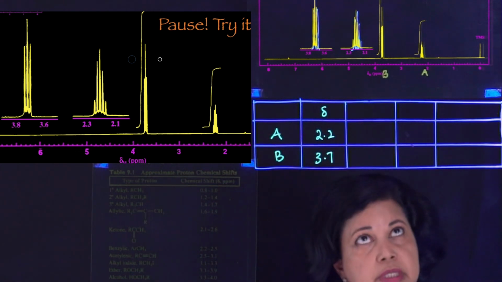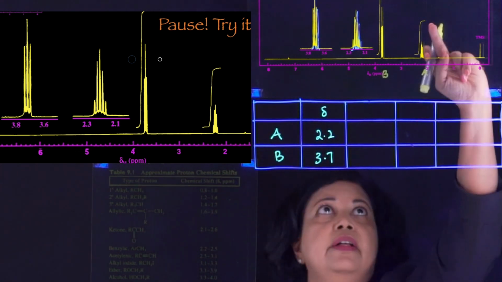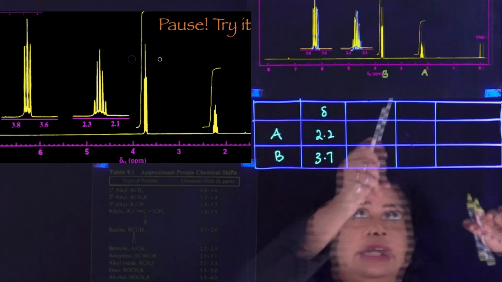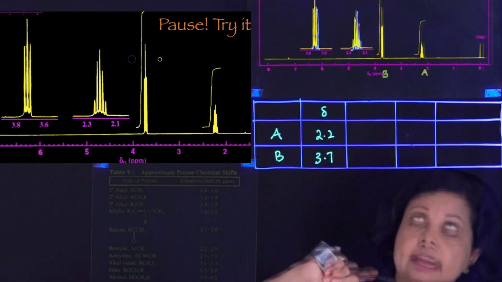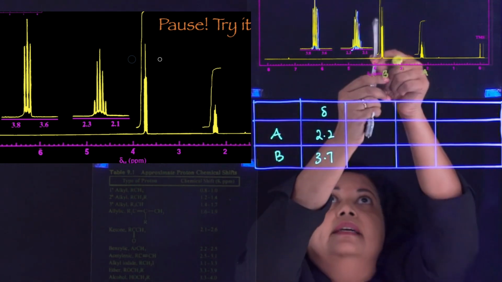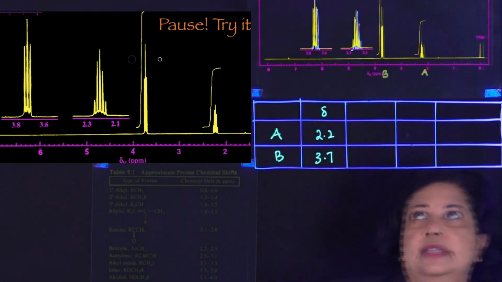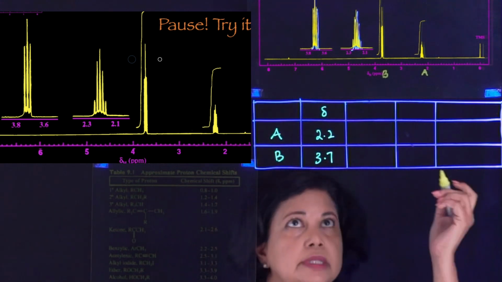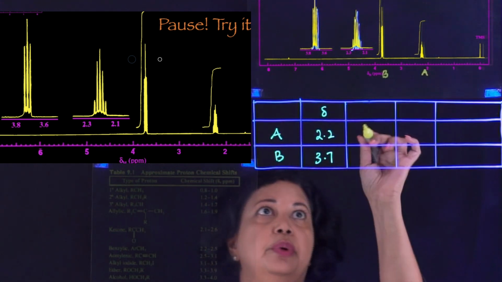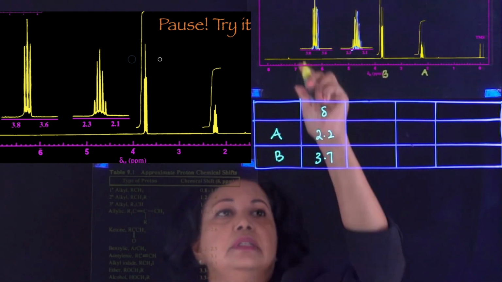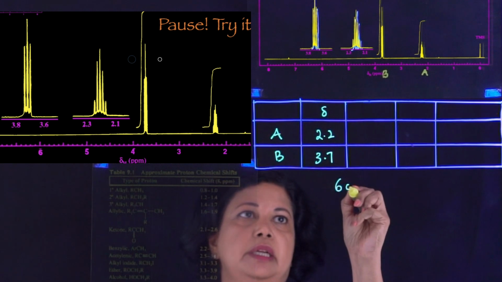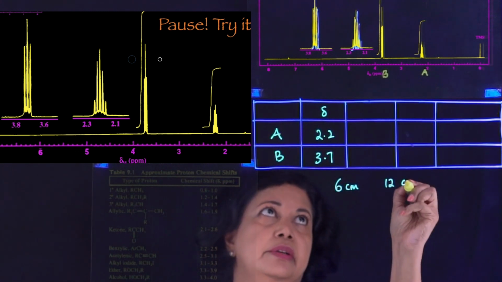So the second most important thing is the integration here. If you look at that, this is about 6 and this is about 12. So 6 and 12 is a 1 to 2, so 2 over here and 4 over here. So let's say 6 centimeters to 12 centimeters.